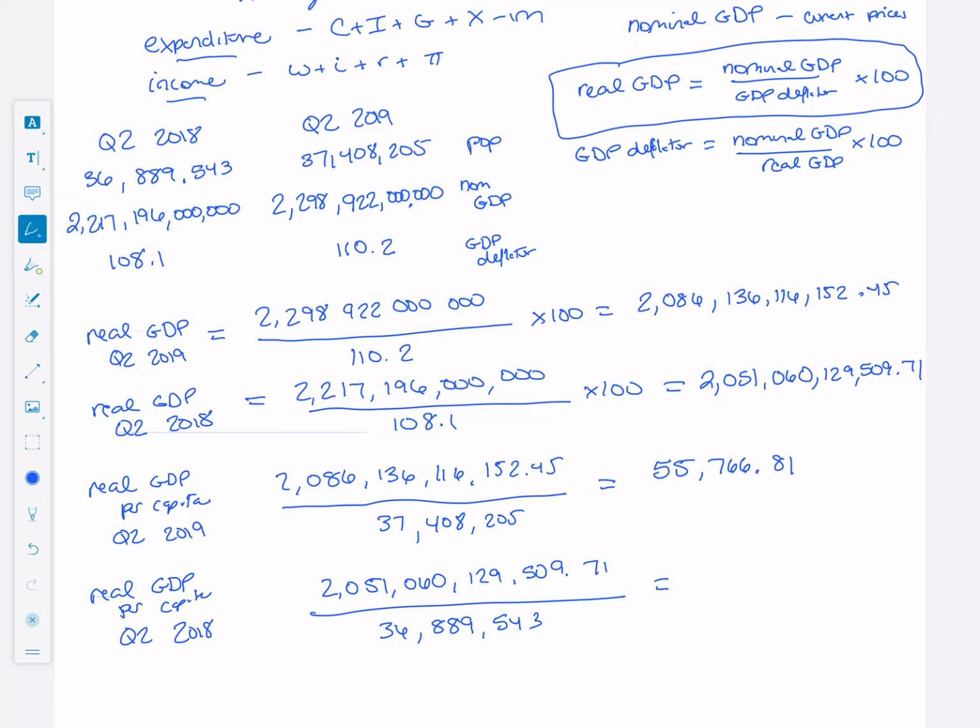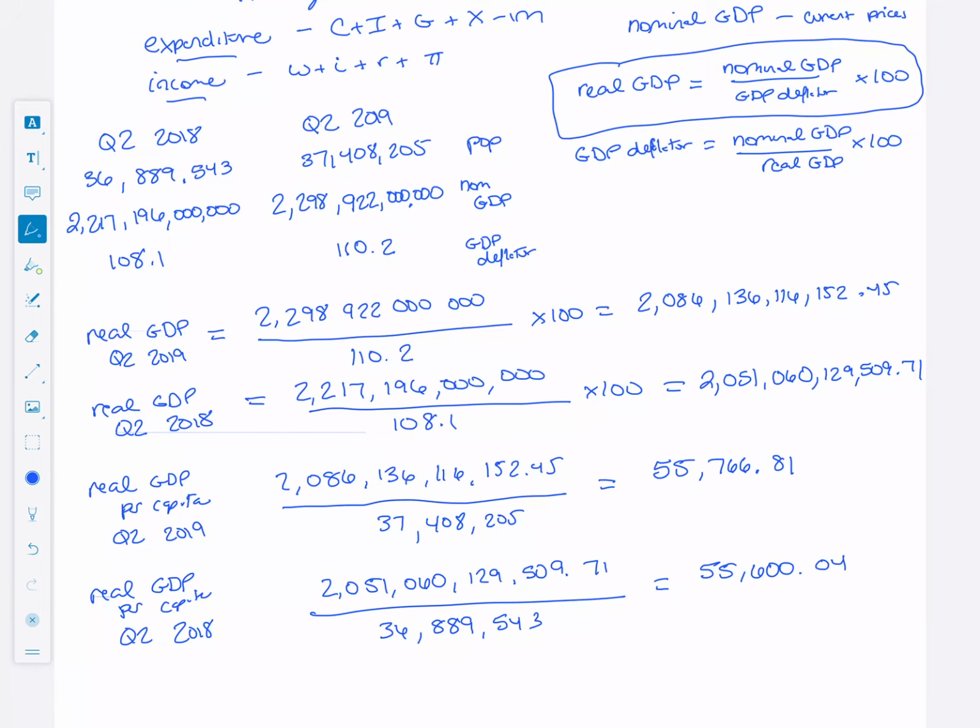Last thing I want to do is type in the wrong number. So double checking here, 36,889,543. And we find that our real GDP per capita in the second quarter of 2018 is $55,604.